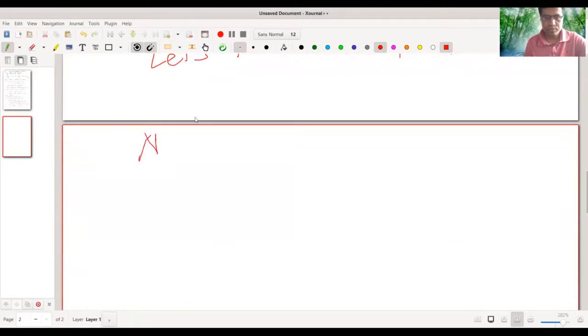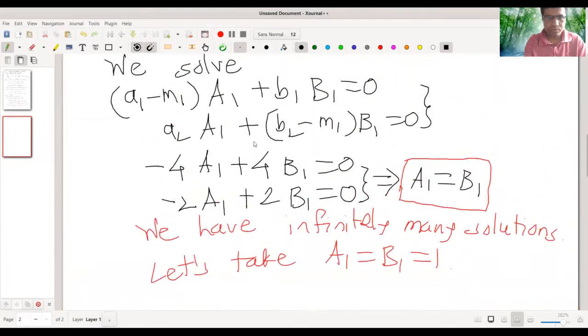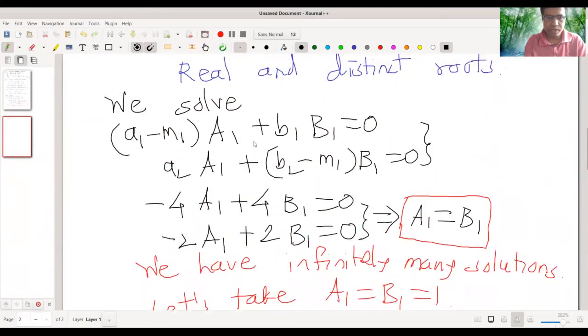Now we solve the same equation where M1 is replaced by M2, and A1, B1 are replaced by A2, B2.